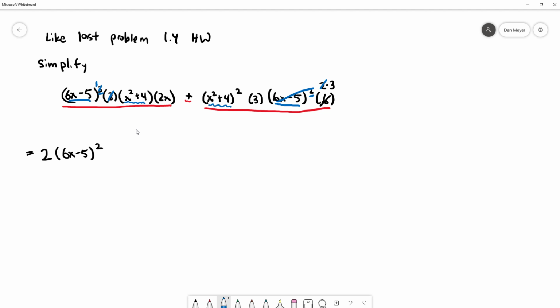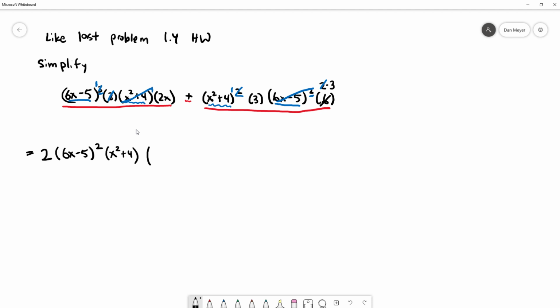The first expression has 1 of them, and the second expression has 2. So I can factor out one copy of x squared plus 4. When I do that, that one's been factored out, and from those 2, I'm left with 1. So now that's all I can factor out.